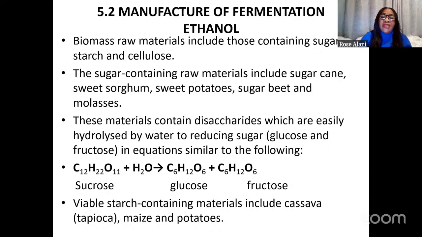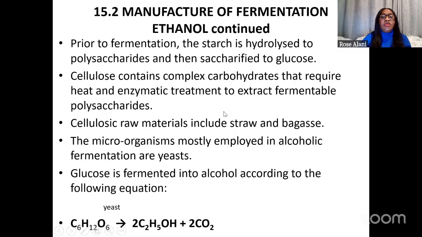These materials contain disaccharides, which are easily hydrolyzed by water to reducing sugars like glucose and fructose, as you see in this equation below: sucrose hydrolyzed to glucose and fructose.